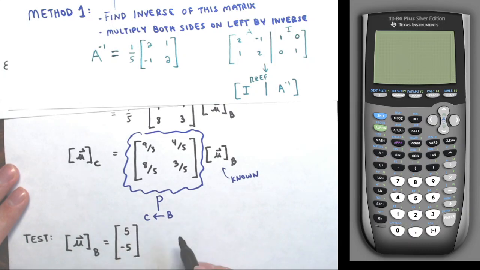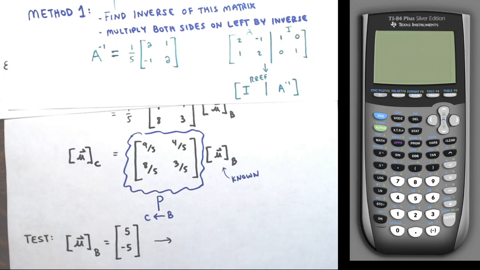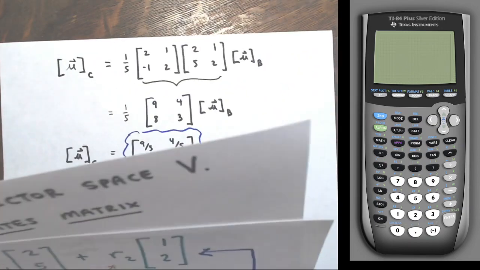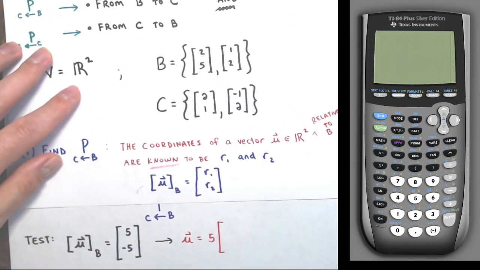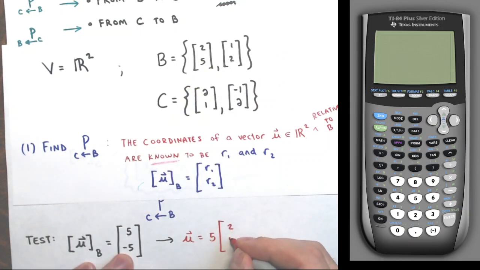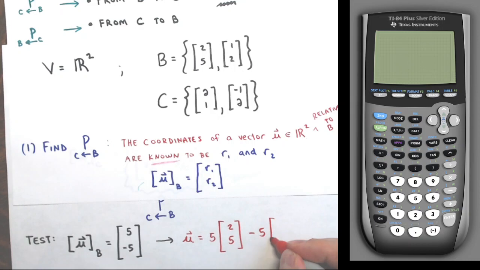Now remember what that means. If the coordinates of vector u with respect to basis B are 5, negative 5, that means vector u is equal to 5 times the first vector from basis B, which was 2, 5, and then minus 5 times the second vector from basis B. So what is vector u?